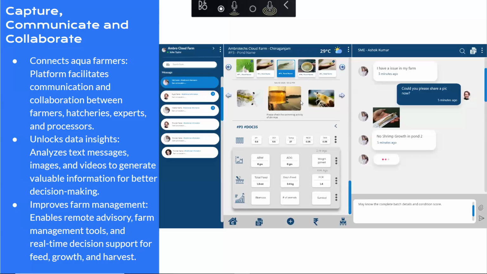What is the soil type? How many days of culture? All the information the SME needs to diagnose, the SME would be asking the farmer for, and our farmer is finding it very difficult because he has not recorded a lot of data.